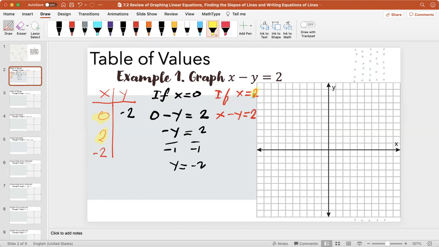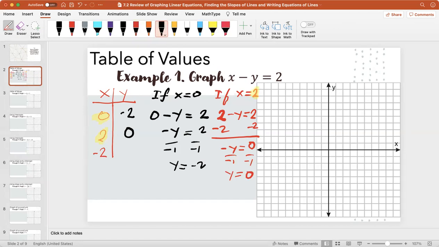Note that this is your x. So now I have 2 minus y equals 2. Minus 2 here to solve for your y. Negative y equals 0. Divide both sides by -1. What's your y? 0. So we have 0 here.